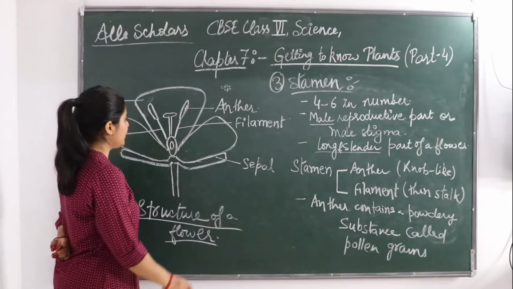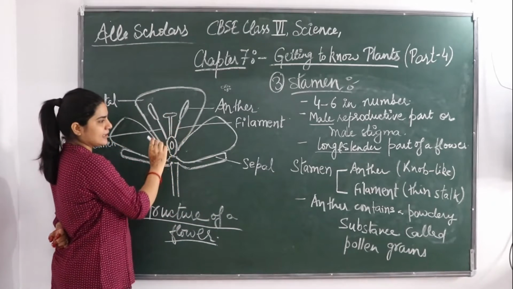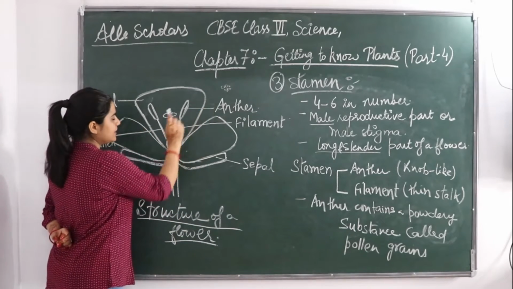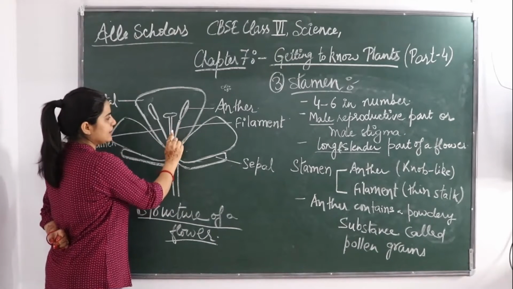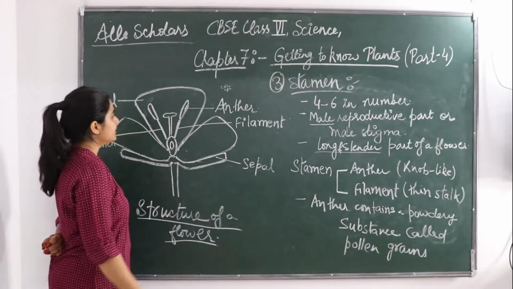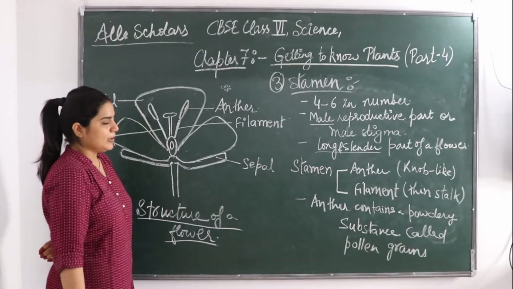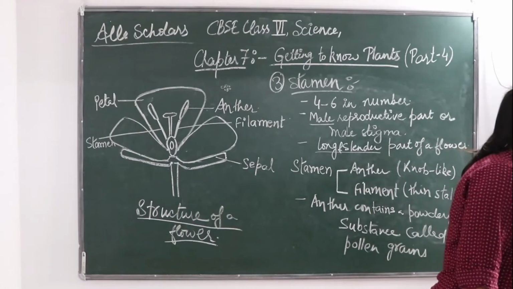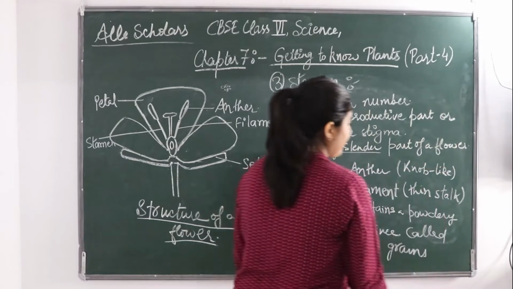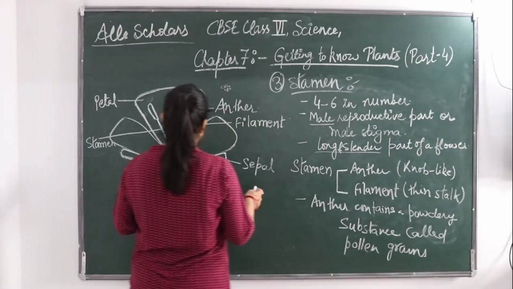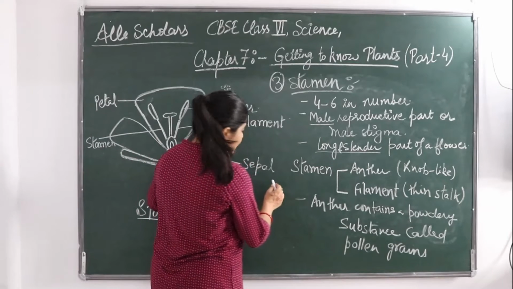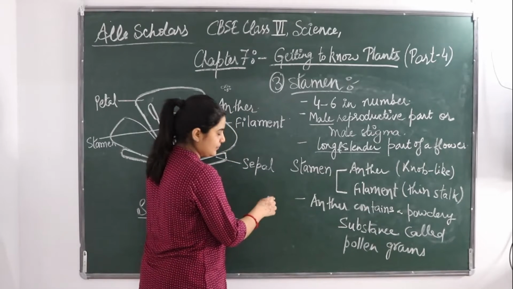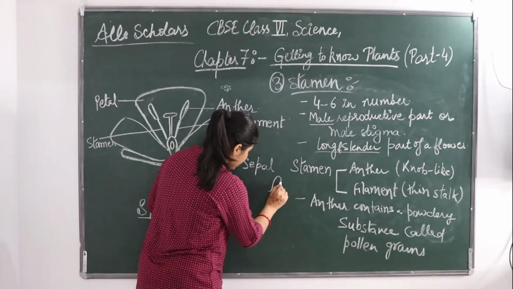Okay, it has got two parts. The upper one, which is knob-like, is the anther, and the thin part below is the filament. This anther contains pollen grains within it. So this was about the parts of a stamen, and if I draw it separately, it will be very clear to you.